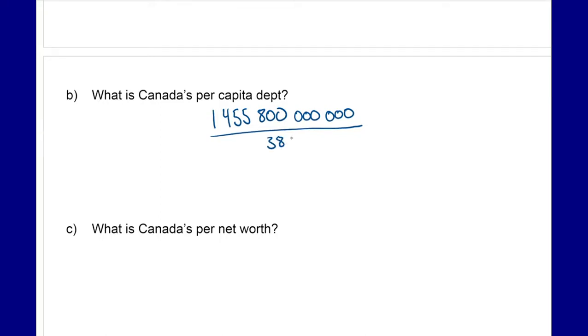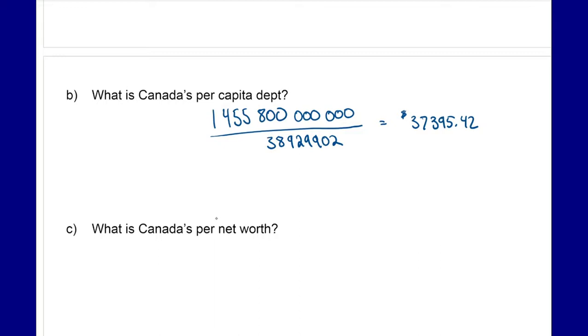So we take that debt, we divide it by the population, or the number of people. So the 38 million. And in the end, we get a debt of $37,395.42. So that is the debt per capita in Canada.